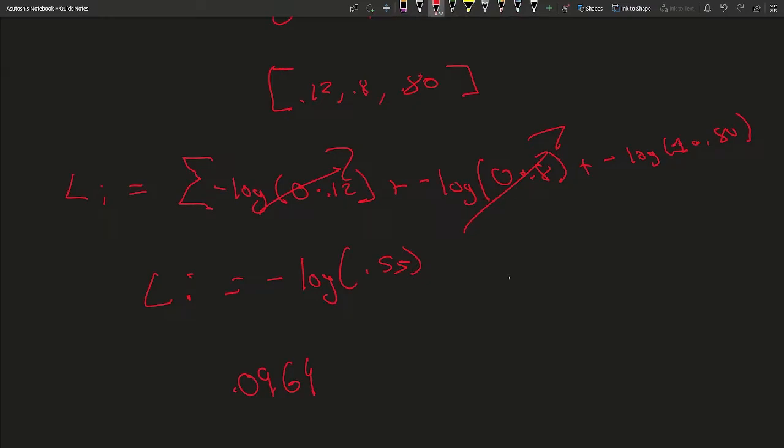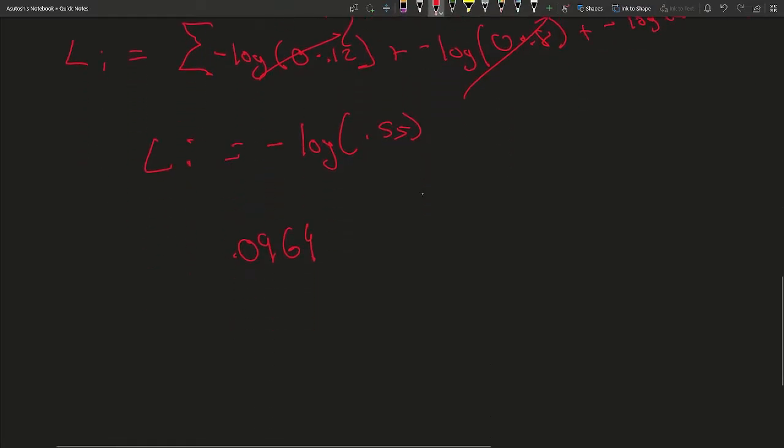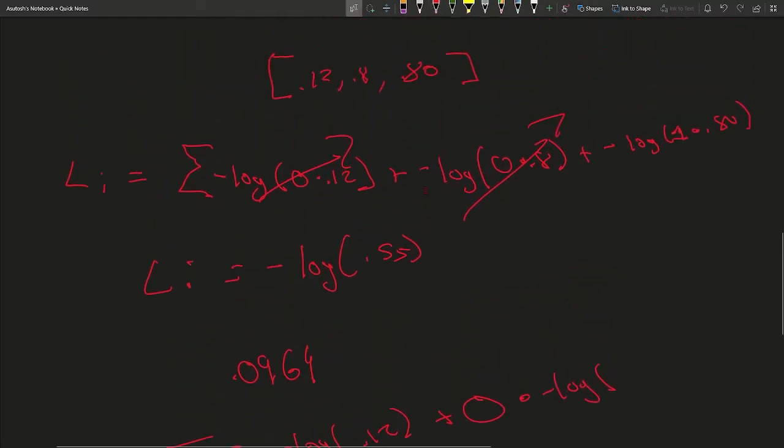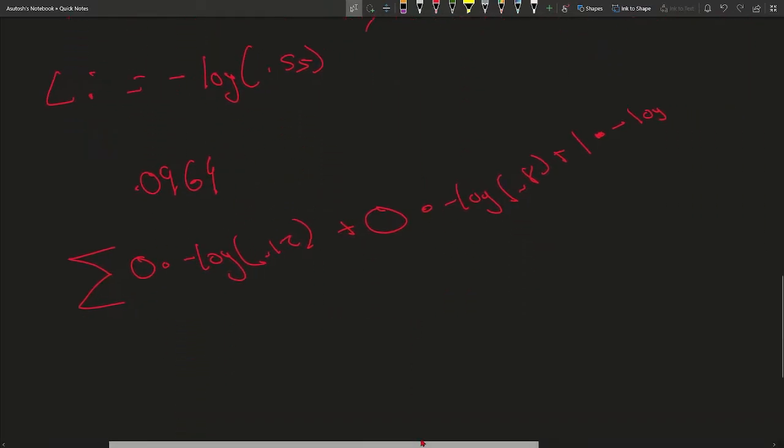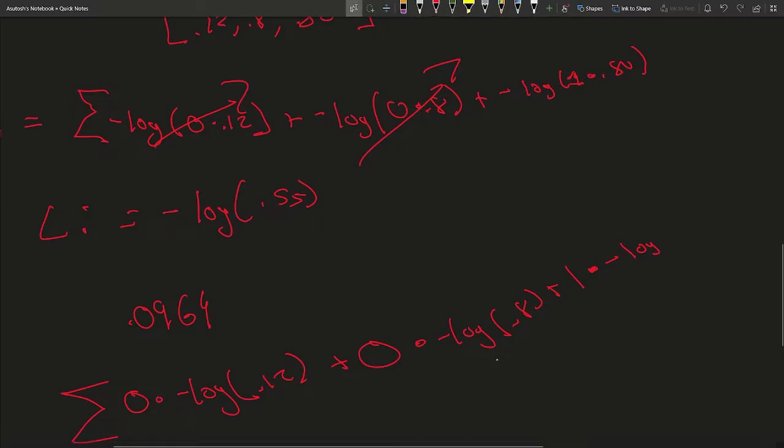It would be the sum of the negative of 0 times the log of 0.12, plus 0 times the log of 0.08, plus 1 times the log of 0.8.